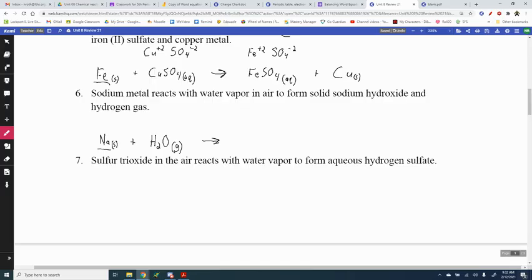So sodium is +1. Hydroxide is OH -1. Okay. Oh, and I forgot to say this, but the iron one up here, that is already balanced, so that's why we did not balance it. So OH is -1, so those are going to balance out.